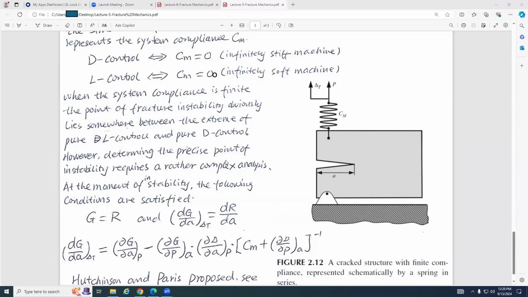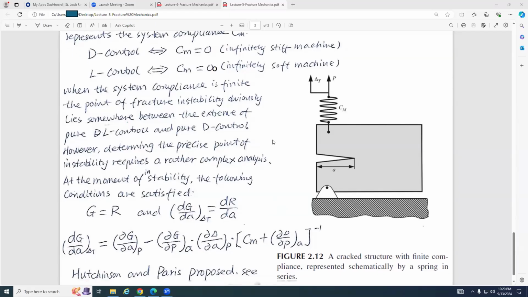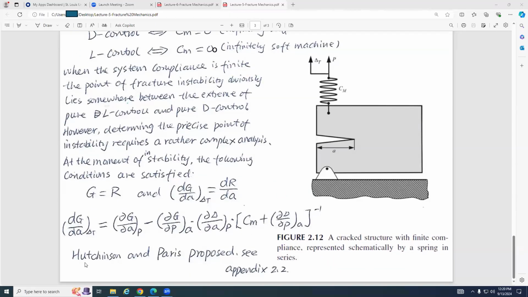This equation is called the Hutchinson and Paris equation. Do you guys know Paris? Dr. Paul Paris worked at SLU for one year, from 2013 to 2014.